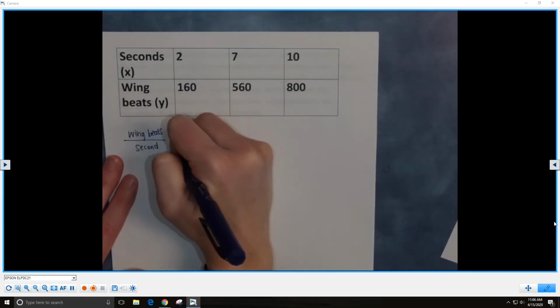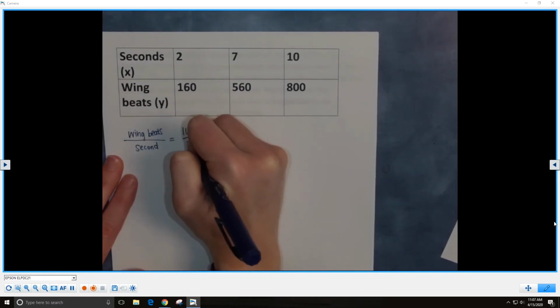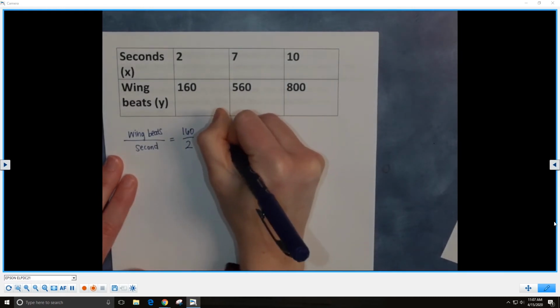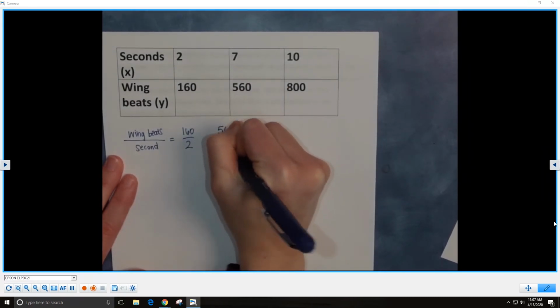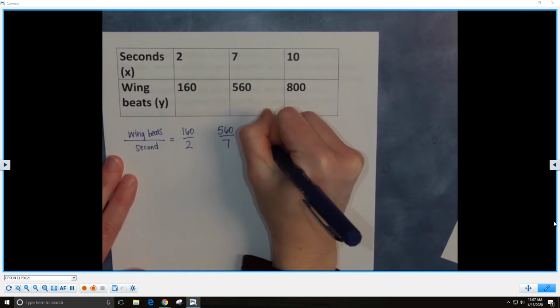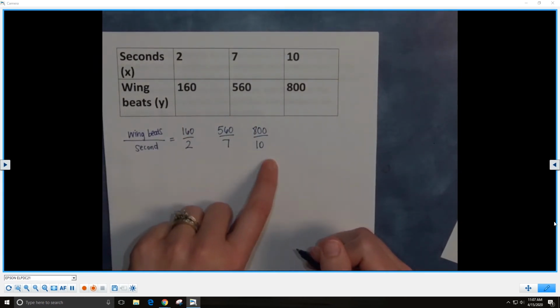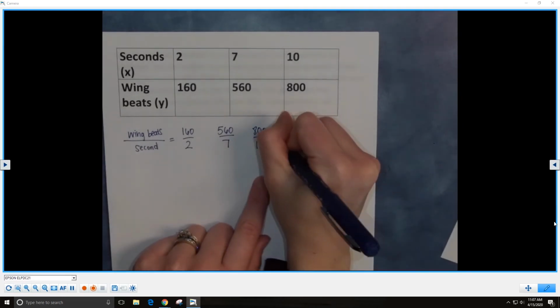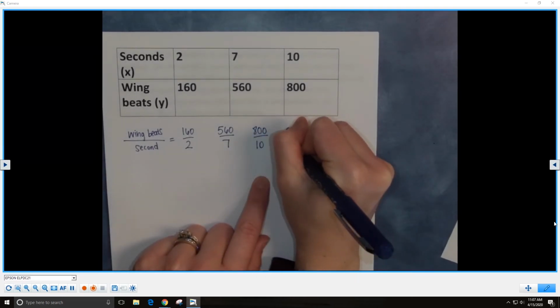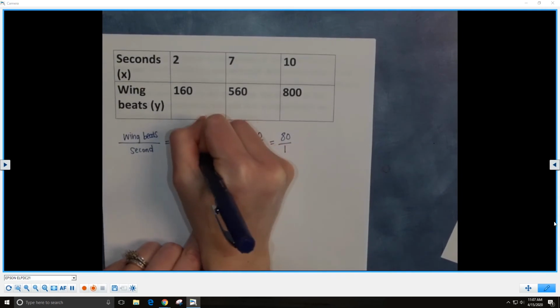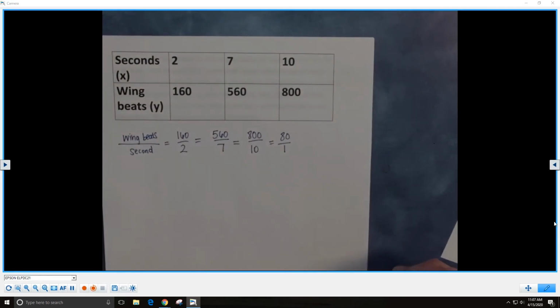Well, each of these is equivalent to 80 over 1. So, because all of these ratios are equivalent, this is a proportional relationship.